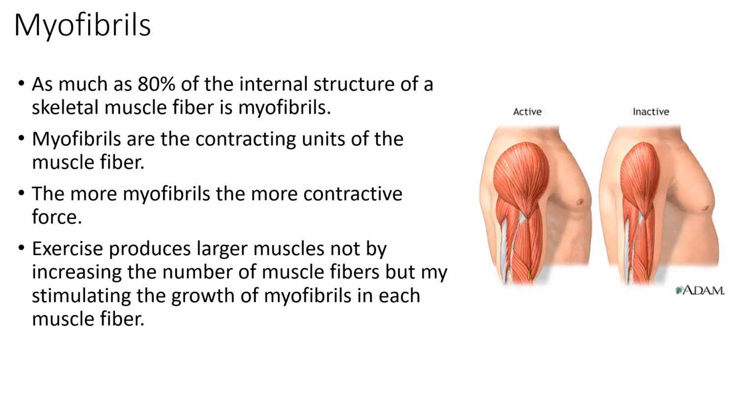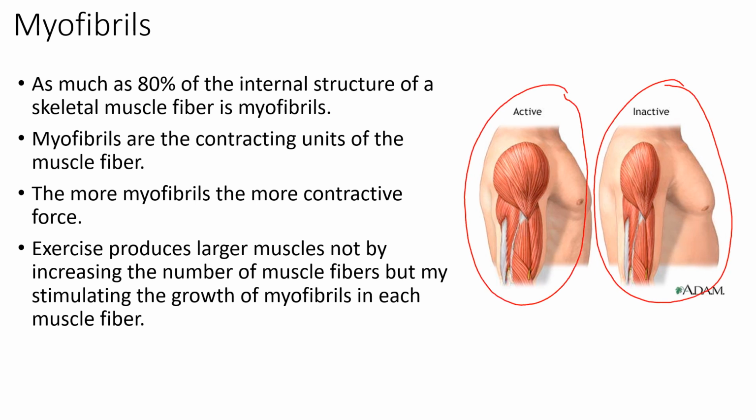So when you're trying to produce stronger muscles, we have what we would say is an active person that maybe does some weightlifting, and then this person is an inactive person, doesn't do really any weightlifting. Their muscles look quite different. And what happens is when you exercise, your muscles are larger, not because you're increasing the number of muscle fibers, but you're stimulating the growth of the myofibrils within each muscle fiber.